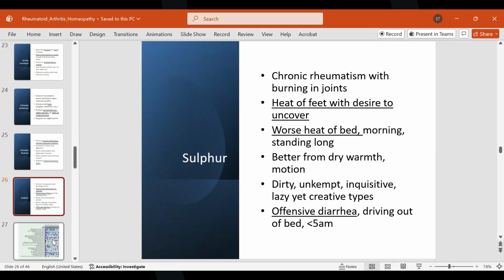They're inquisitive, creative. I gave it a couple days ago to a patient who's an artist. Very interesting. He kind of came in and was a little spacey, and a really good artist. And so I ended up prescribing sulfur, but he smokes marijuana every day.